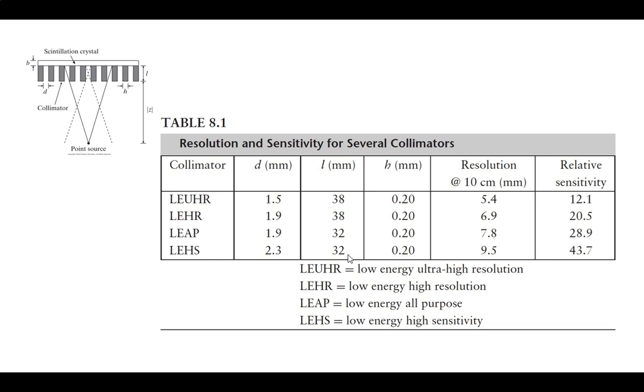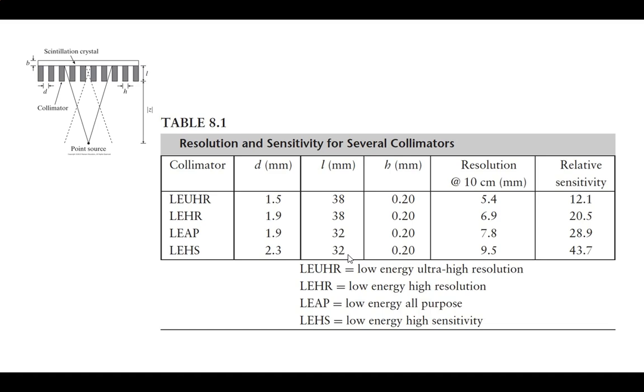These letters on the side here, remember we had the different shapes? That's actually all these are. Ultra high resolution, you get the smaller ones aimed in so you're most directed at something. High resolution, your all purpose, is going here, and then the high energy sensitivity is just going to set it so that you have the bigger D in that one, which means you're going to allow more to come in, but you often lose the resolution.